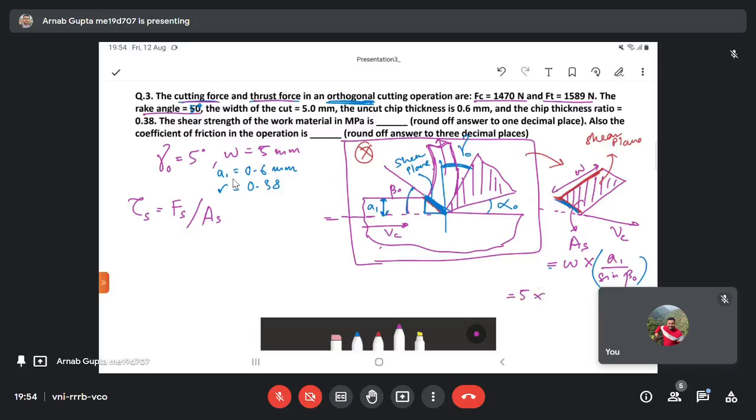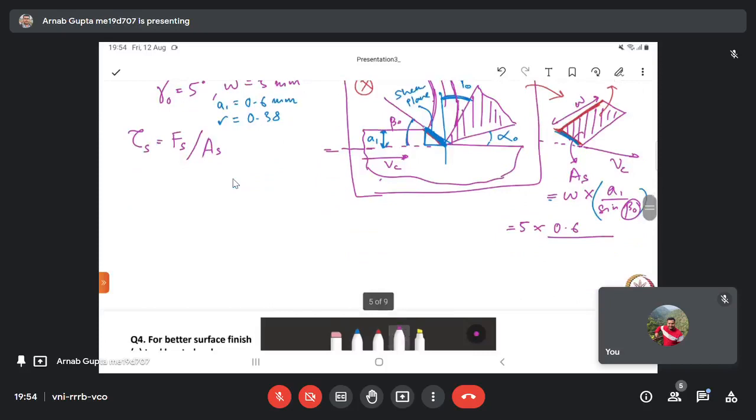So this you can directly calculate: 5 into A1, which is 0.6. Okay, beta naught you don't know. So how do you calculate beta naught? You have this particular equation, right? You're given R, so tan beta naught equals R cos alpha over 1 minus R sin alpha. Correct me if I am wrong. This equation is correct, right?